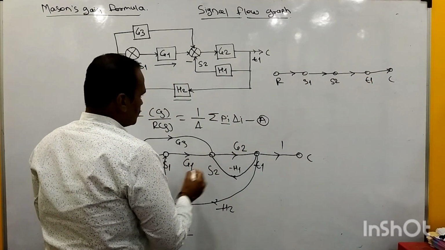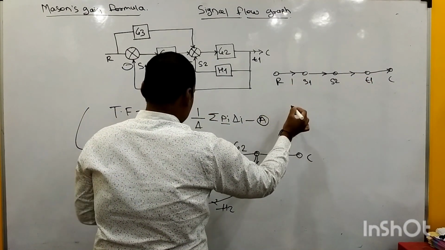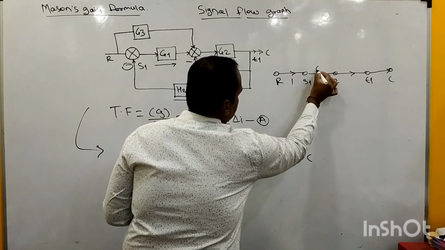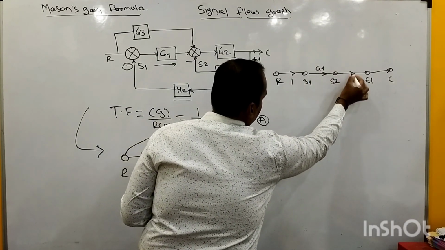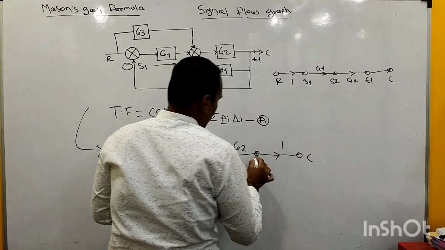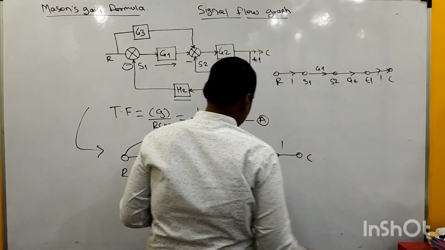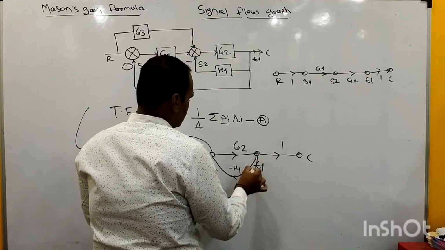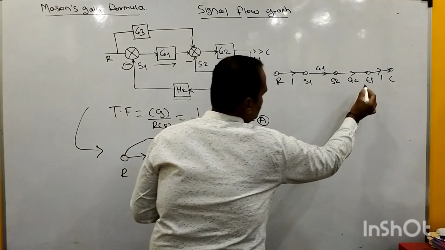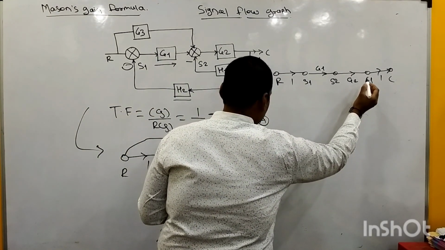Same diagram we need to draw here. The gain of this forward path is 1. Here we have G suffix 1. Here the gain is nothing but G suffix 2. Here the gain of this feedback path is exactly equal to 1. Then from this T1 we need to show first the innermost feedback.